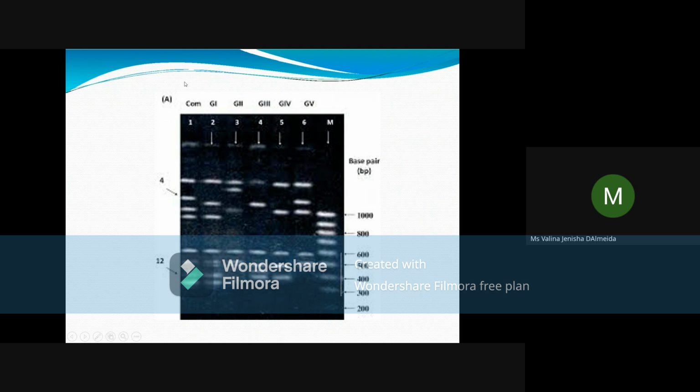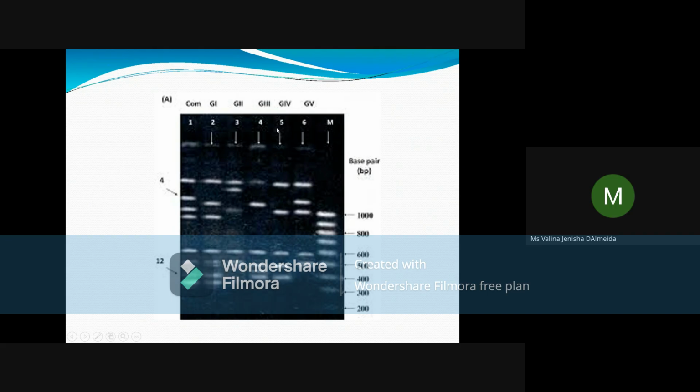One of the best things about RAPD is it needs a very small amount of DNA. Unlike RFLP, which requires radio labeled DNA, the RAPD technique does not need radio labeled DNA probes, and it is easier to screen here.